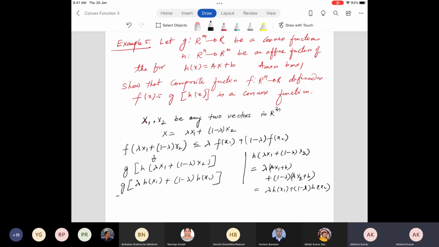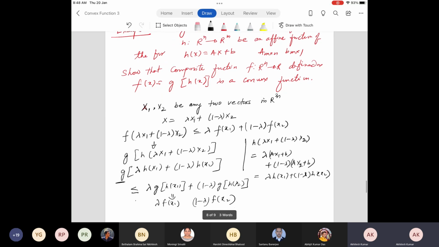Since g is convex, I can always write this as at most lambda g of h of x1 plus 1 minus lambda g of h of x2, which is nothing but lambda f of x1 plus 1 minus lambda f of x2. So this is the conventional route we take.